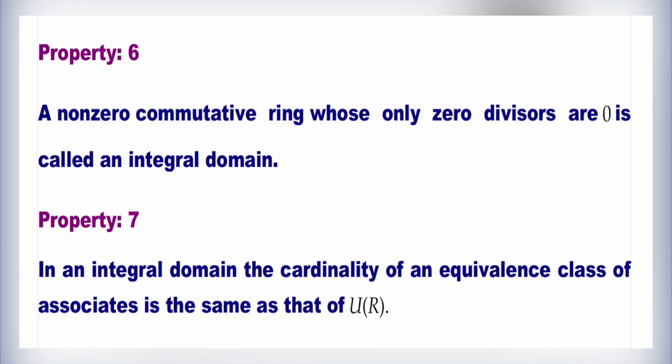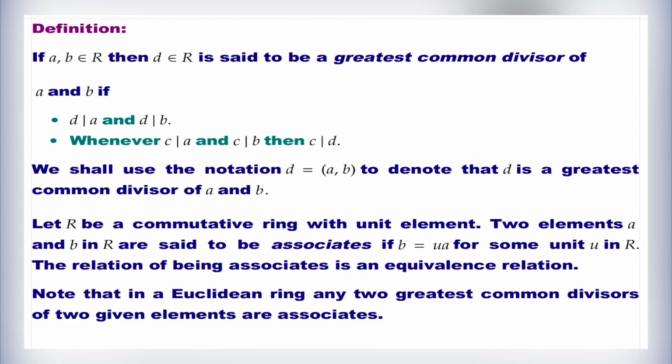The third property is, in an integral domain, the cardinality of an equivalence class of associates is the same as that of U(R). Let us see some concepts related to associates. First, we are going to see the definition.